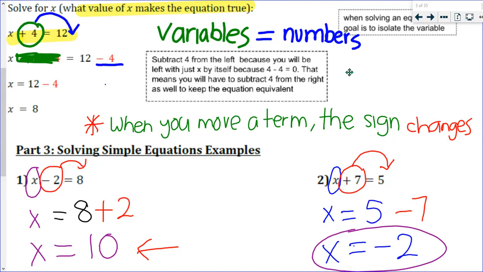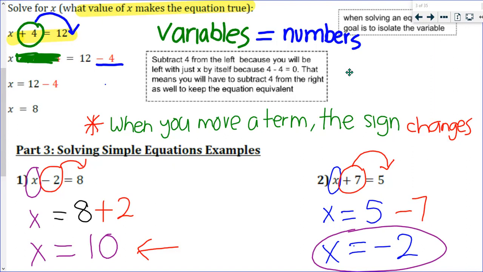When the number moves to the other side, now we're not talking about kindergarten anymore, but the process of algebra. You are able to meet your friend on the other side of the rope, but the sign of the number has to change. So instead of positive 4, it turns into a negative 4.